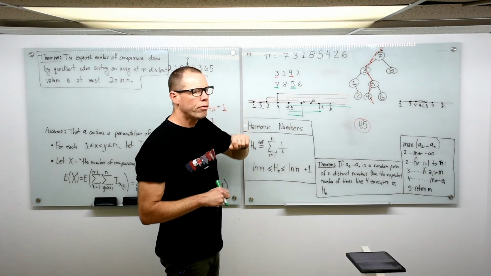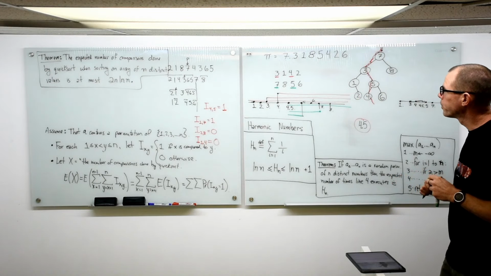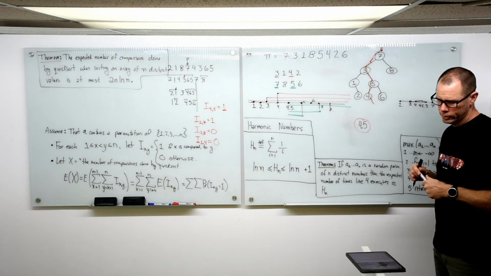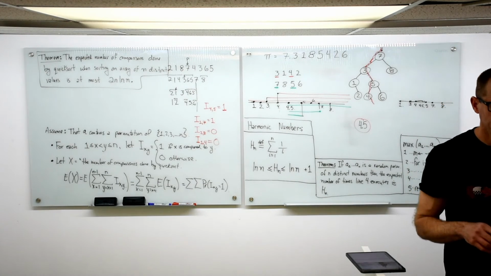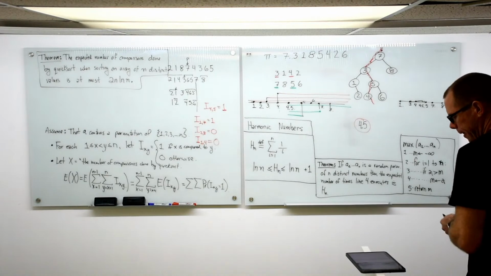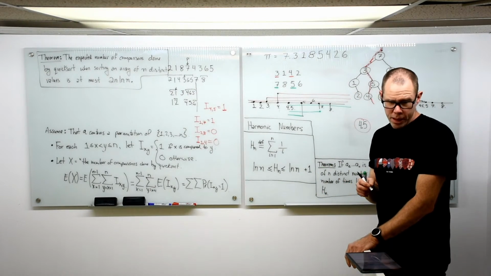What's special about 3 and 4 in this permutation? No guesses?